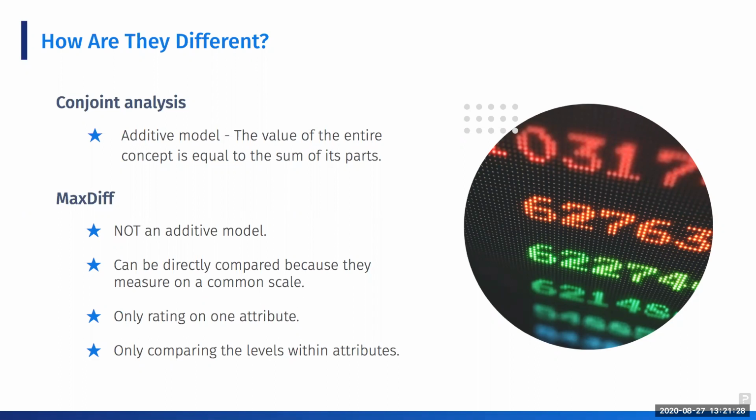It can be directly compared because everything is measured on a common scale, and only levels within attributes get compared, while also a multi-level choice-based conjoint exercise. Whereas conjoint does that, MaxDiff is only rating based on one attribute rather than a set of attributes.